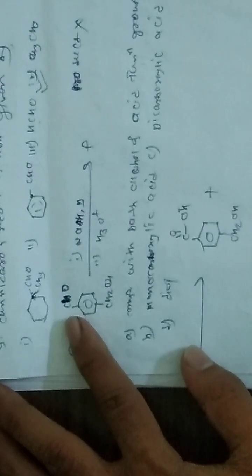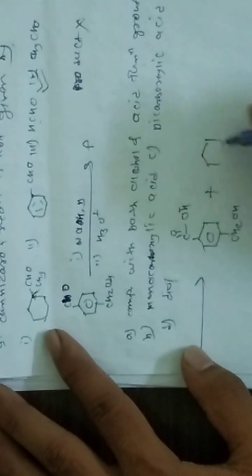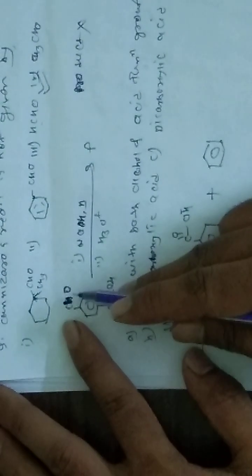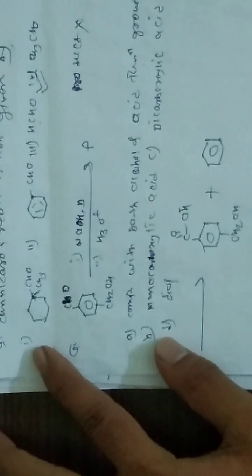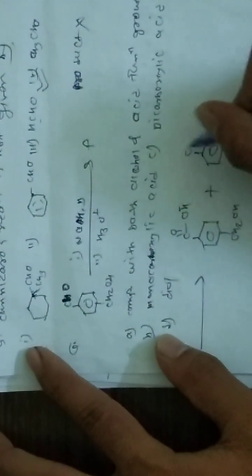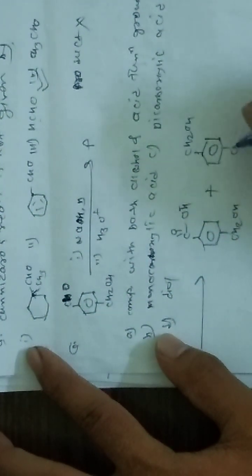Plus the other product: if I reduce the other benzaldehyde, reduction of the aldehyde gives an alcohol, CH2OH. Now go through the options.